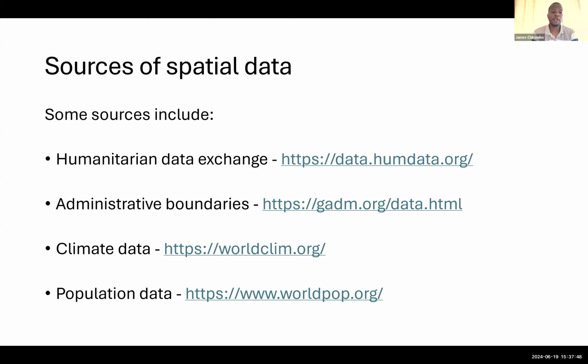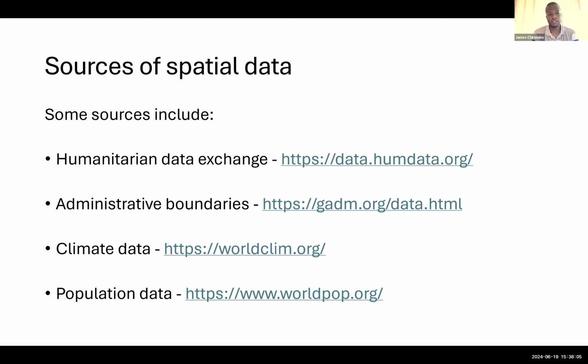If you want to do risk mapping, then at some point you need to have spatial data that captures administrative boundaries. So depending on the level of mapping, your spatial area of interest could be districts, countries, regions.